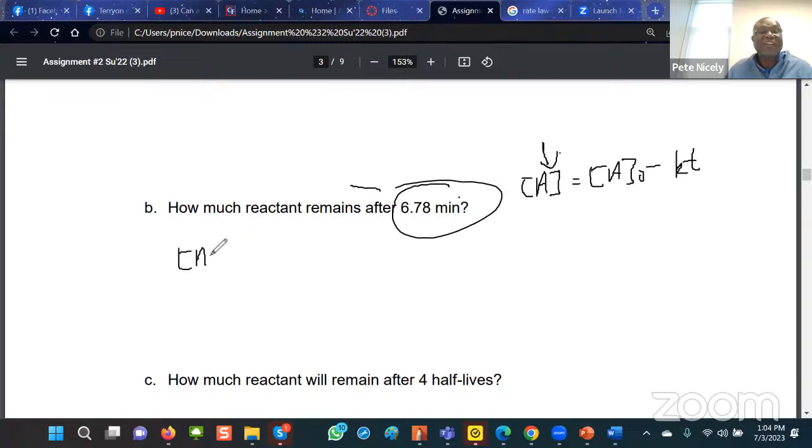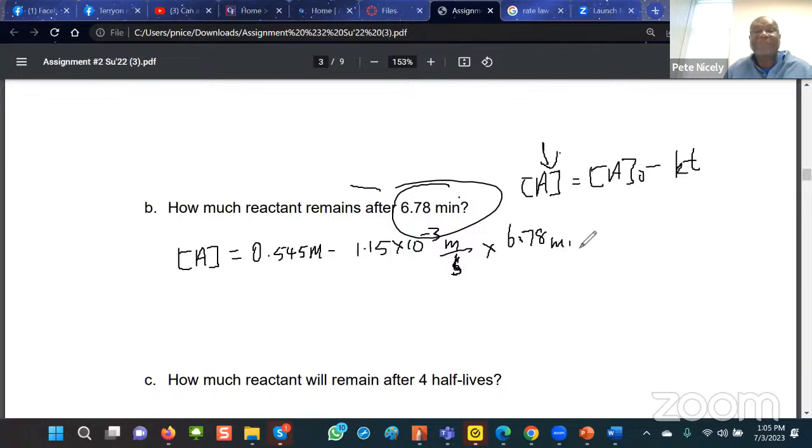So the concentration of A that they're asking for would be equal to the initial concentration of A, which was 0.545 M, minus k, which we calculated to be equal to 1.15 times 10 to the minus 3 M per second, times 6.78 minutes.